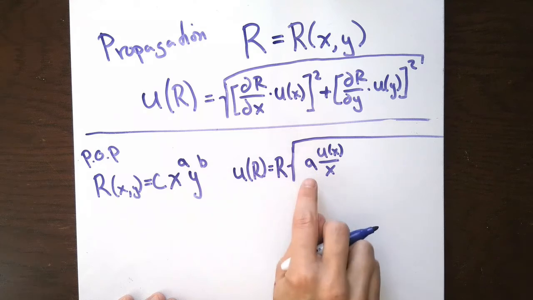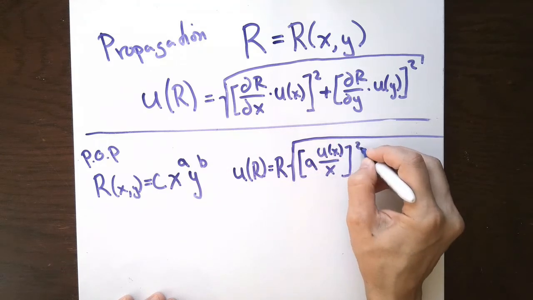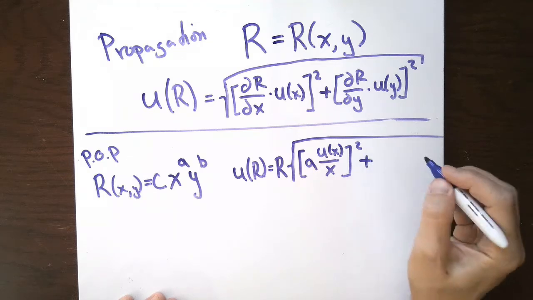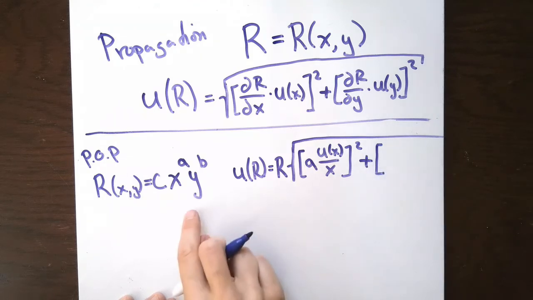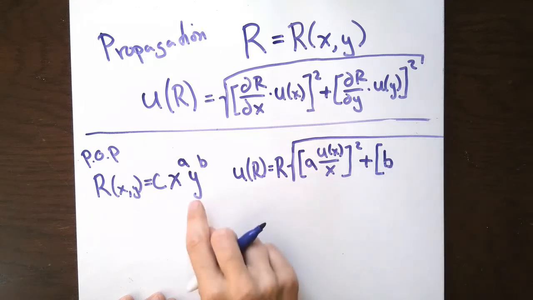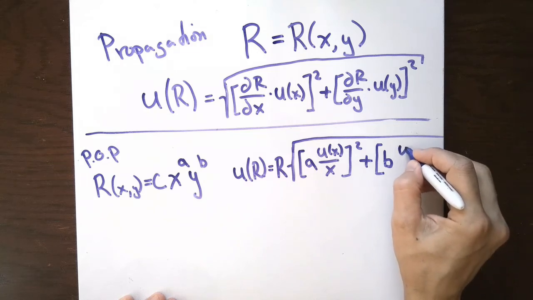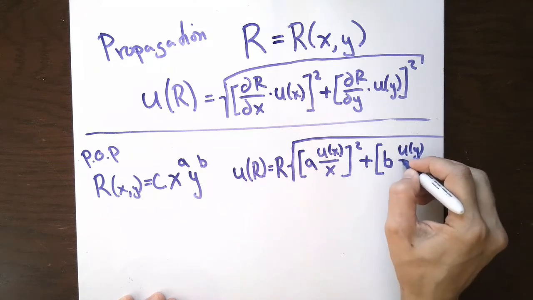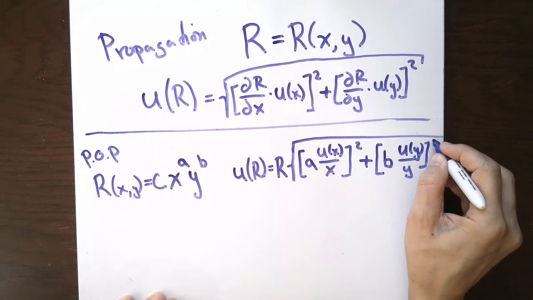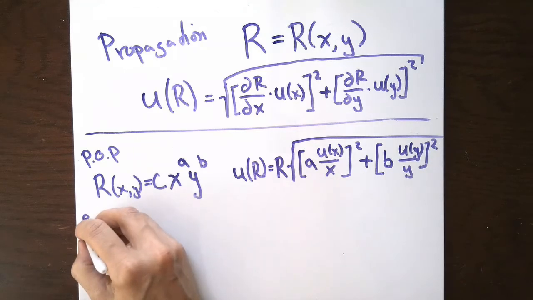So x is to the a power, so we multiply by a, and we square that whole thing. And then we do the same thing for whatever this y is. We're going to multiply by its power. In this case, y is taken to the b power, so we put a b there. And then we multiply by the uncertainty of y over y and square that. So that's the formula. So let's do an example.